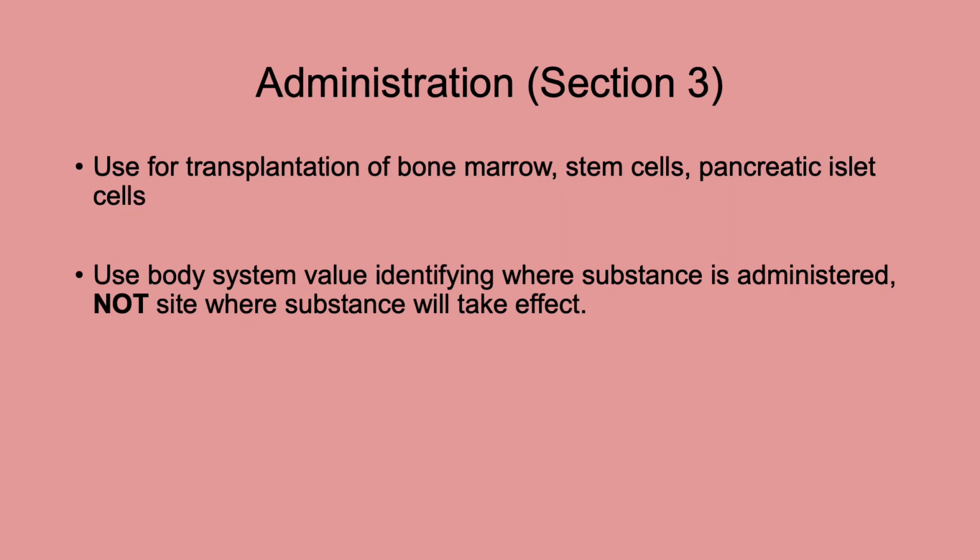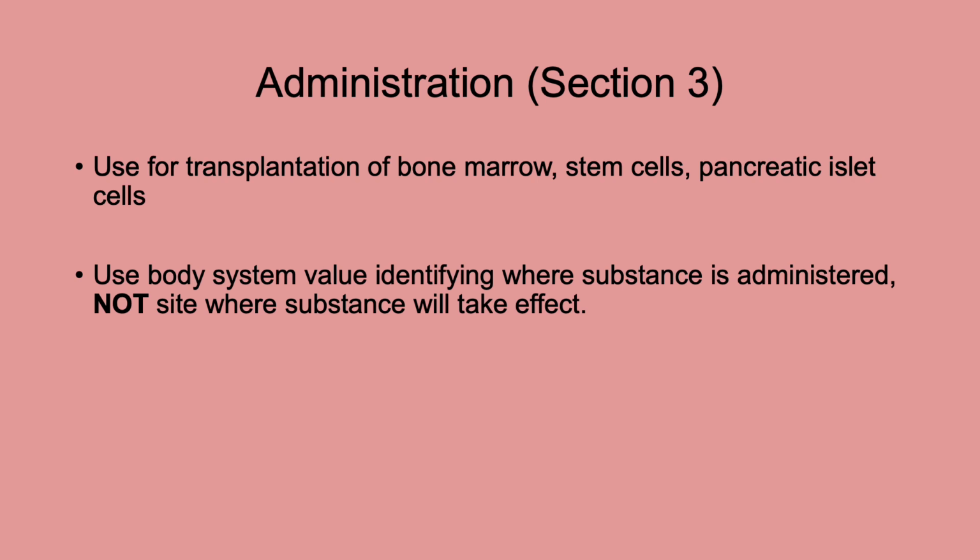So let's move on to the non-surgical sections, other than obstetrics. Administration, section 3, write in: used for transplantation of bone marrow, stem cells, pancreatic islet cells. Also use the body system value identifying where the substance is administered, not the site where the substance will take effect.